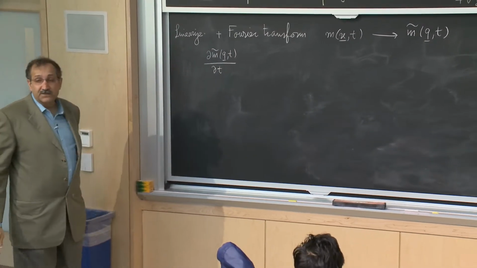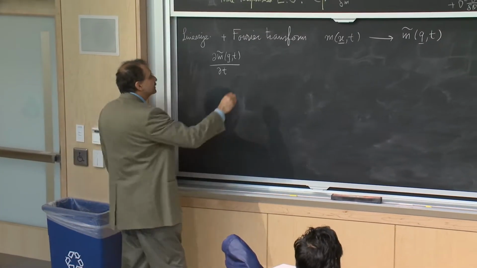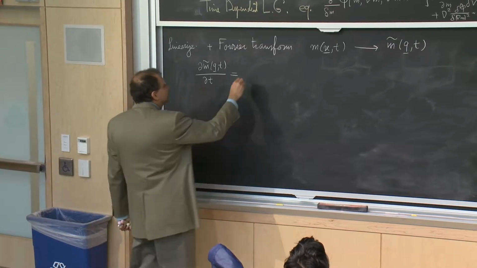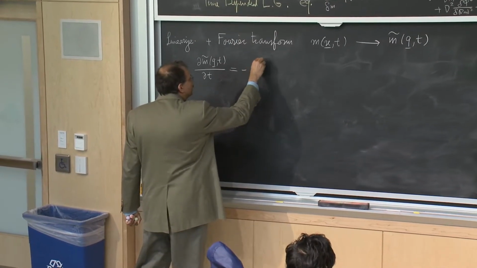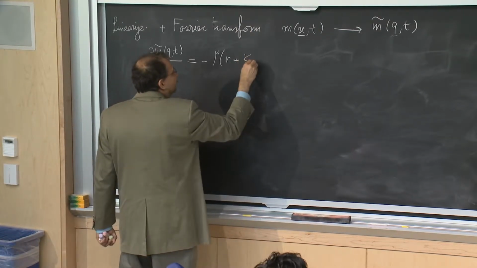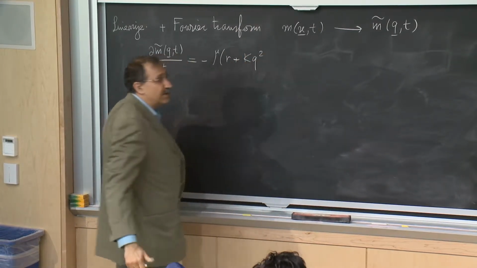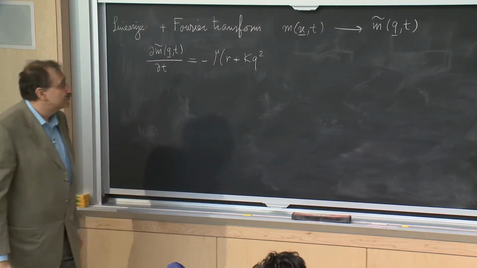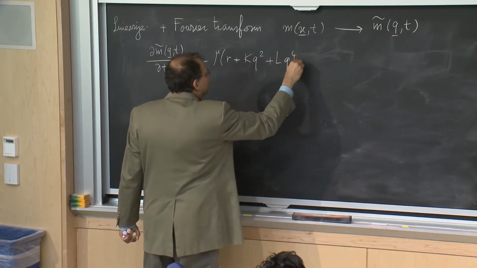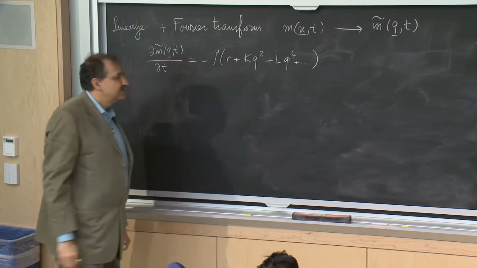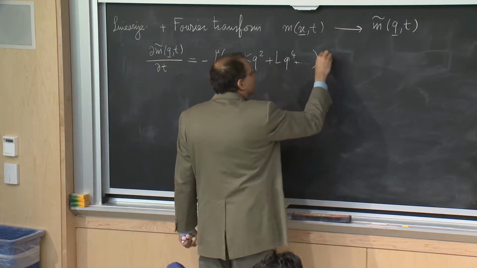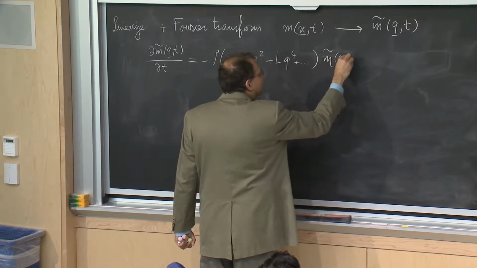So the Fourier transform of the left-hand side is just this. The Fourier transform of the right-hand side will give me minus mu r plus k q squared. The derivative of the Laplacian will give me a minus q squared. And the derivative of the next term, L cubed to the fourth, etc. And I've only kept the linear term. So I have m tilde of q and t.